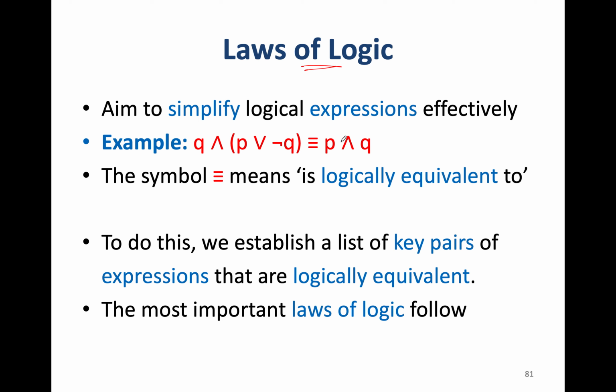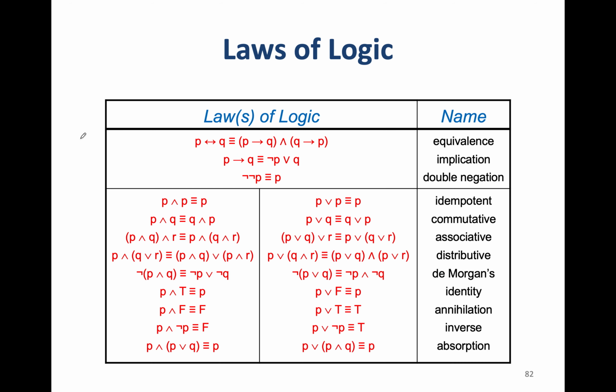All right? Let's see the laws of logic that we've got, and how we can use them. The first three laws of logic work with if and not. Equivalence: if we've got if and only if, this is equal to if and if.